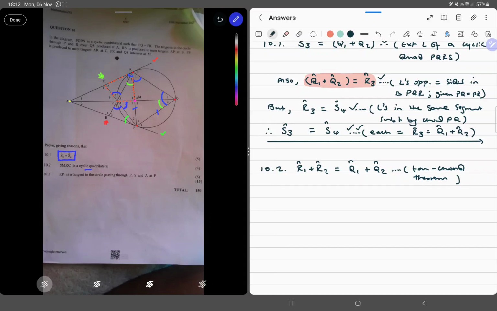So now that's the bread and butter of Euclidean geometry. You will hardly have a question that misses this property. Now, after we've said that, what is the next step? We've essentially proven that Q1 plus Q2 is equal to S3, which is an exterior angle of that other issue.